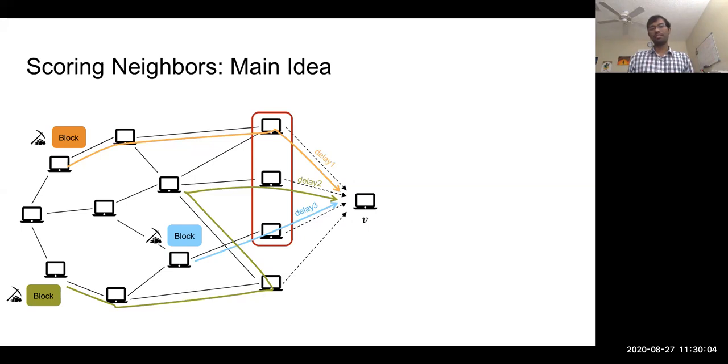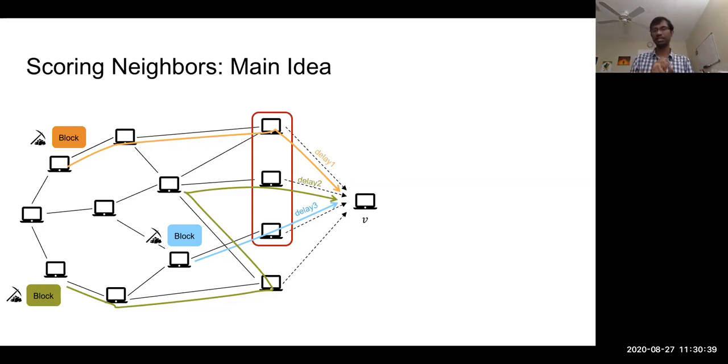Now, this way of choosing the neighborhood set by assigning scores to different peers is not a new idea. There are several works that do this, but the key difference is that in prior works, this score function is typically handcrafted, meaning the network designer carefully designs the scoring function as a function of, for example, the round trip time, the bandwidth, or any other feature that he may know of his neighbor.